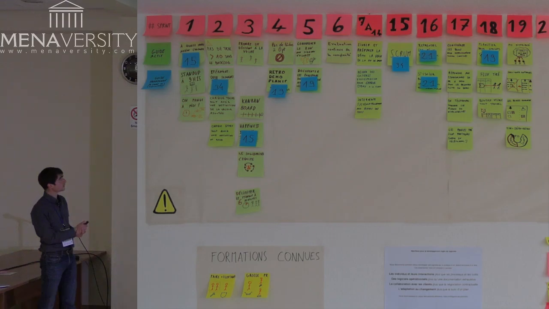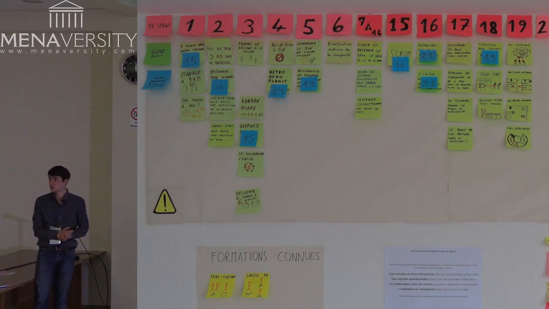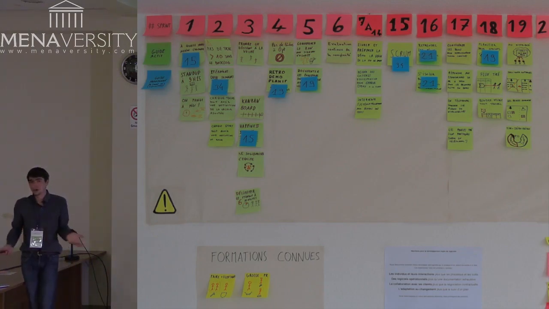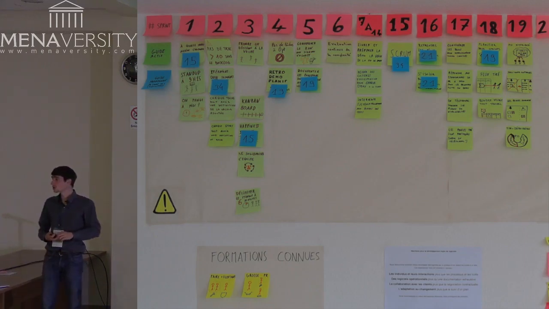Same time we decided to stop 2 weeks iterations because we were in continuous deployment. Actually, we had been continuously deploying for some time, but then we realized it really didn't make sense anymore to have these planning sessions. We were much more efficient with a flow-based infrastructure. Yeah, we actually switched to Kanban.